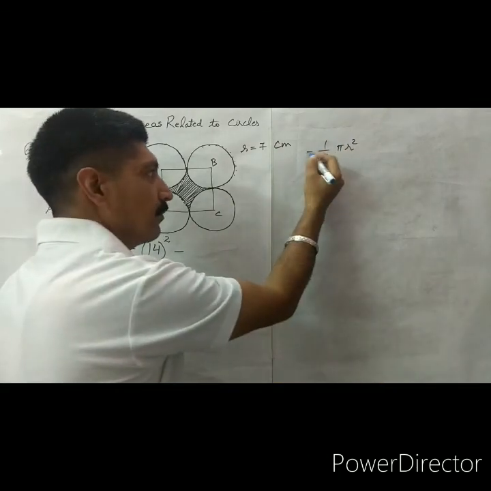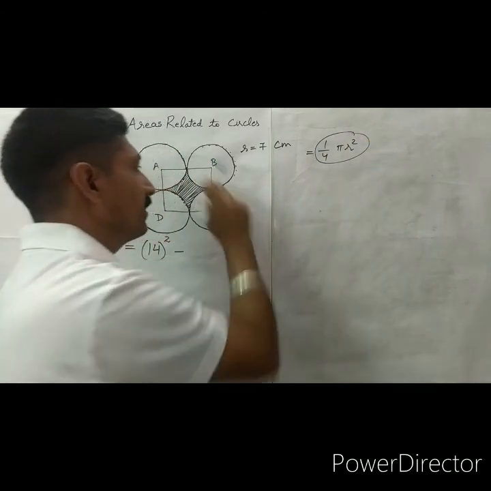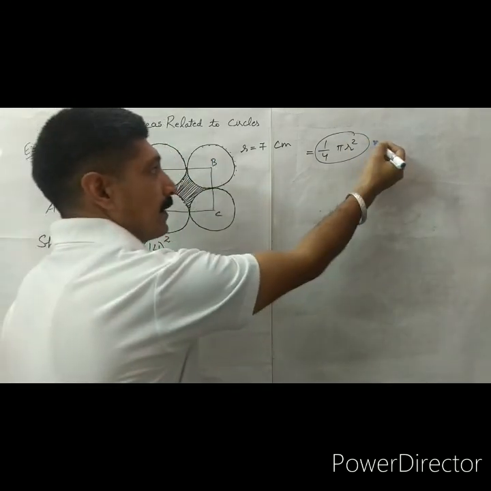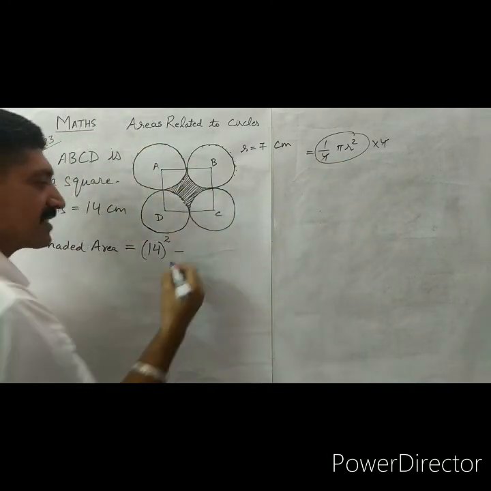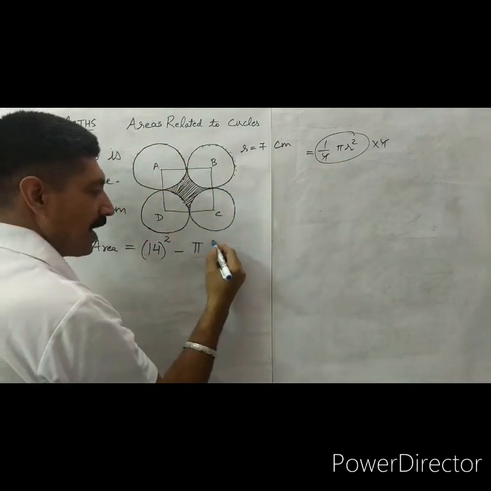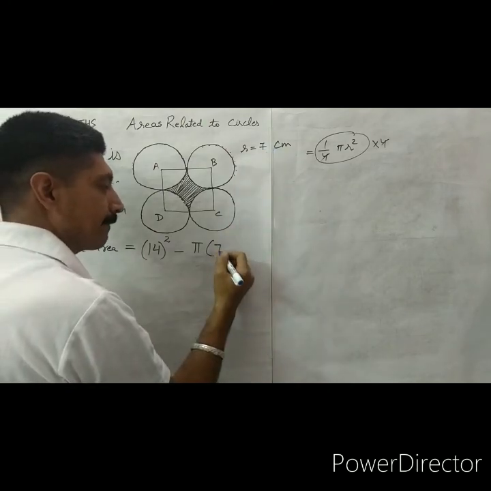This is the area of one quadrant. So when we add all four, we have the area of a complete circle, that is pi r square. So r in this case is 7 here.